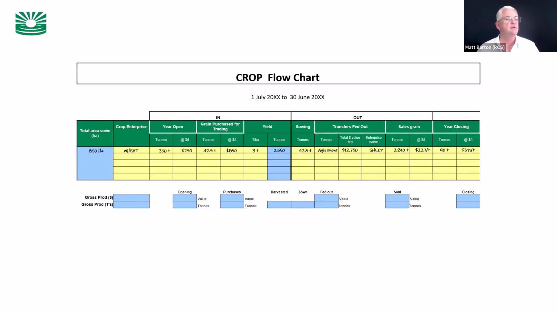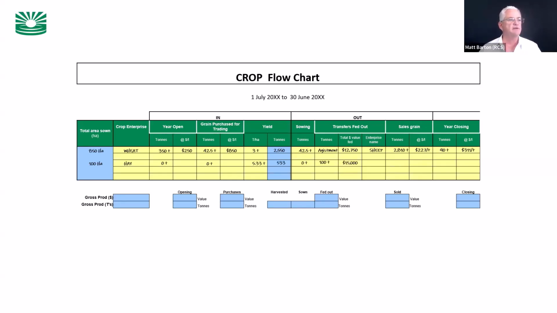Well, pretty easy. Have a quick look at hay. We haven't had any at the opening. We haven't purchased any. It has produced, what's that, 5.33 tonnes. We didn't sow any. It's sitting there in the paddock. It transfers out.